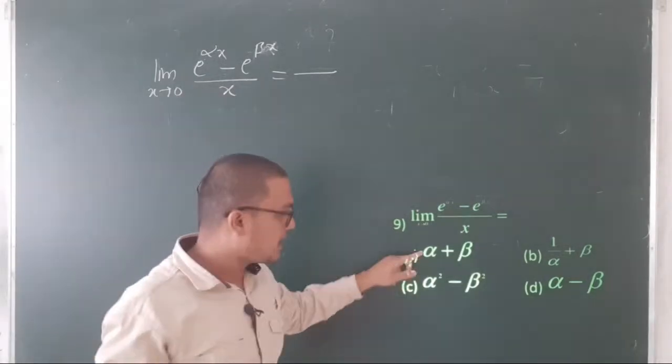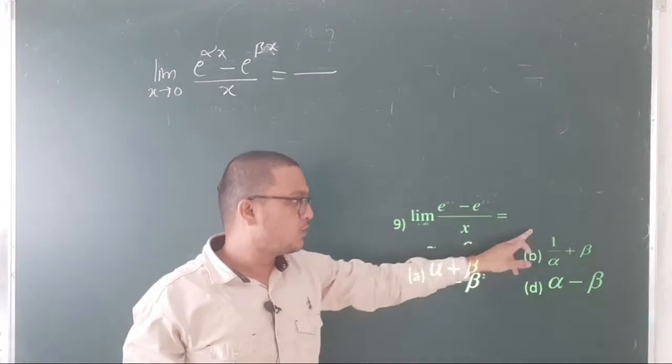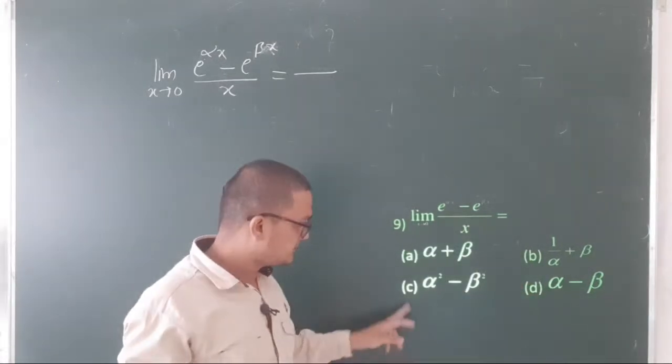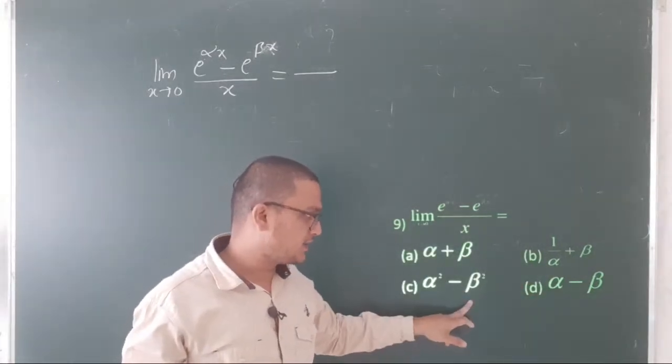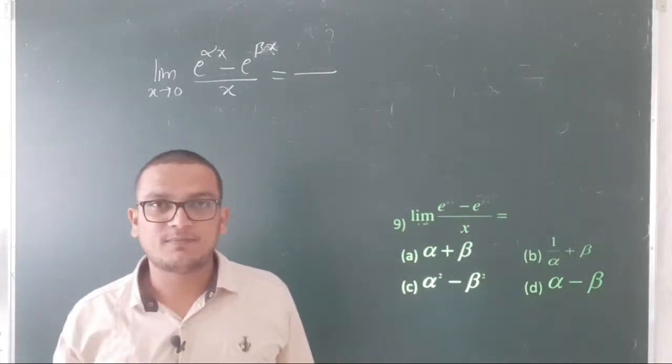Options are alpha plus beta, 1 upon alpha plus beta, alpha square minus beta square, and option D is alpha minus beta.